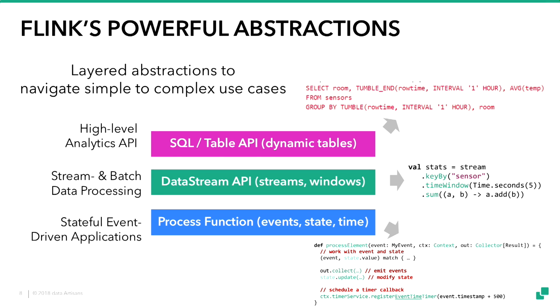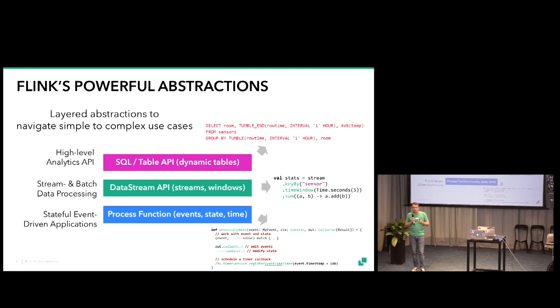On top of that, there is the DataStream API, which gives lots of built-in concepts like windowing operations and map functions, all these things that you know from batch processing APIs. And finally, on top there is SQL and an API that we call Table API, which I'll show you in a second.